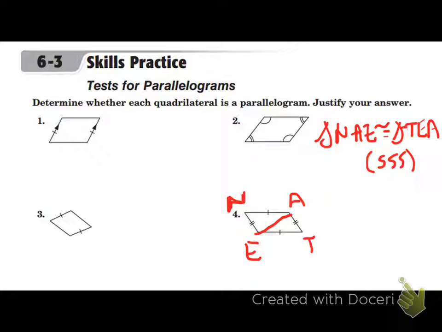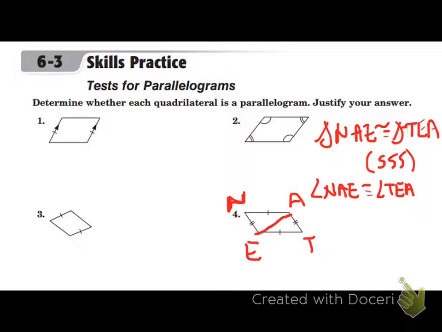Well, if that's the case, can you agree with me that angle NAE is congruent to angle TEA? Yeah. Why? Alternate interior angles, because the lines are parallel.